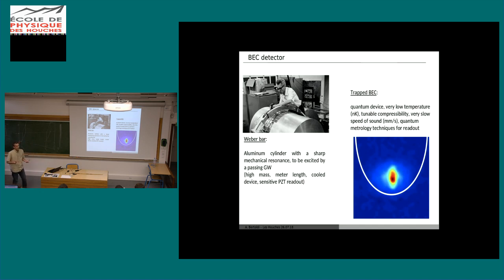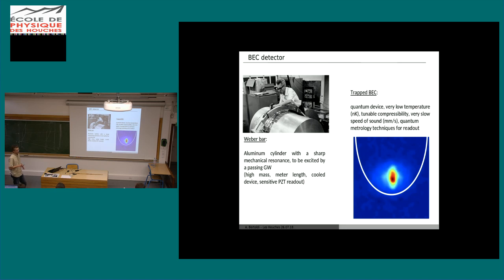If we now consider a BEC, which is much smaller, as I presented yesterday, you can go down to a few micrometers, but it's a quantum device. You can go down to very low temperature, much lower than liquid nitrogen. It has tunable compressibility. You can make it really, really stiff using advanced techniques like Feshbach resonances.